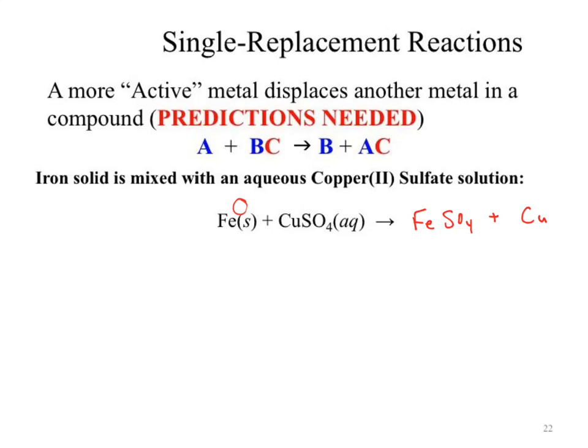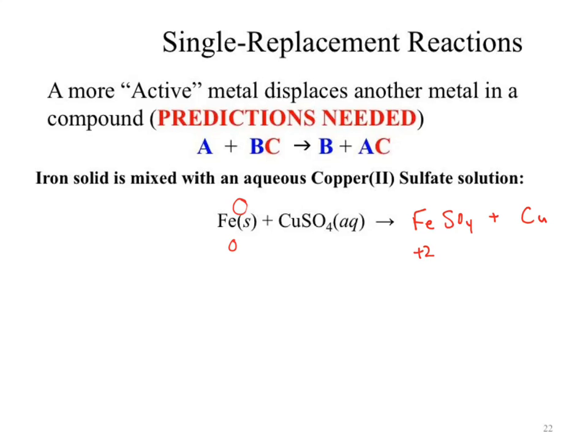Okay, what happened to the iron in the course of this reaction? It started at a 0 state and it went to +2. Seems a bit odd. How could it do that? It had to lose 2 electrons. Okay, why lose?